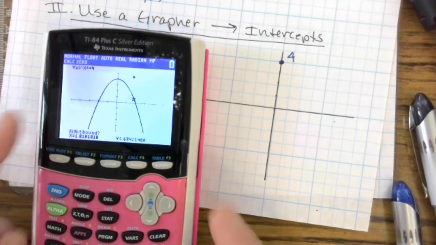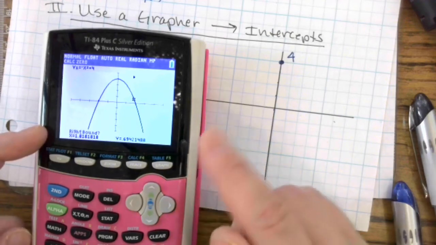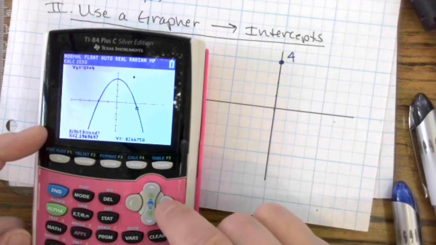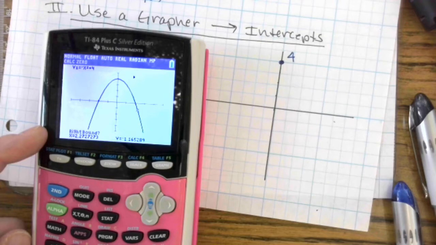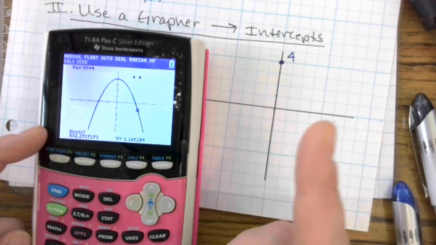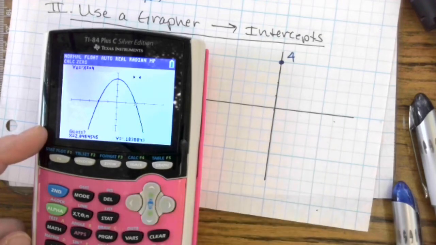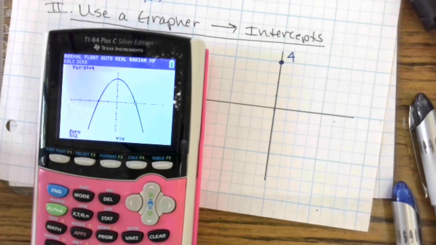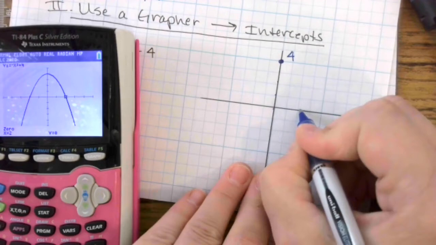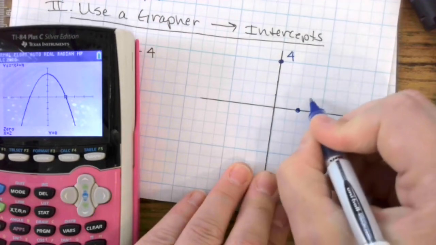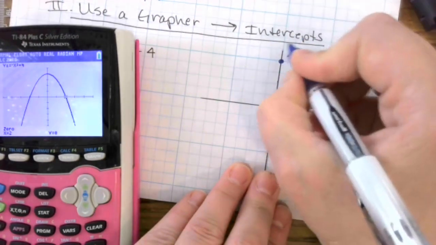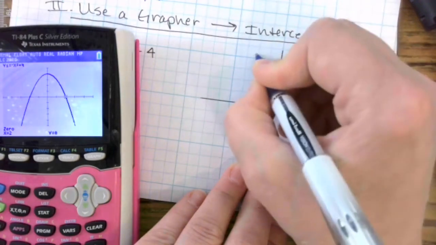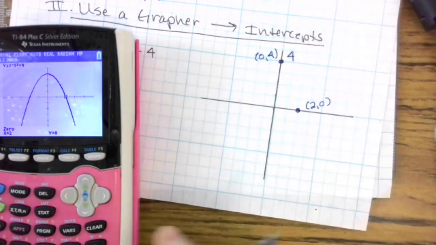Press enter. Now it changes the question to right bound. Toggle to the right until it's to the right of where you see it cross. Press enter, and best guess where you think it is. Press enter, and it will come up with it. And it is indeed 2, 0. So this point here is 2, 0. This point here is 0, 4.